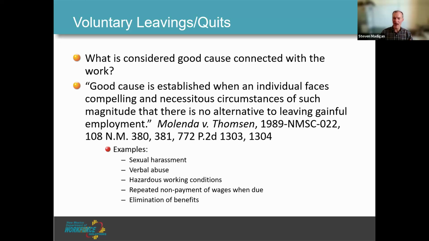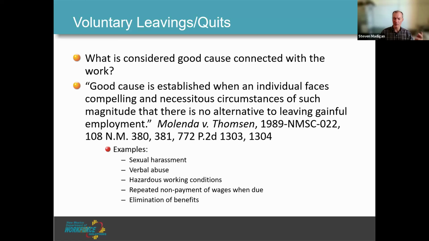Some examples of that might be an individual who is being sexually harassed at work, someone who's being verbally abused at work, someone who's exposed to hazardous working conditions, say, for example, without any safety measures in place.